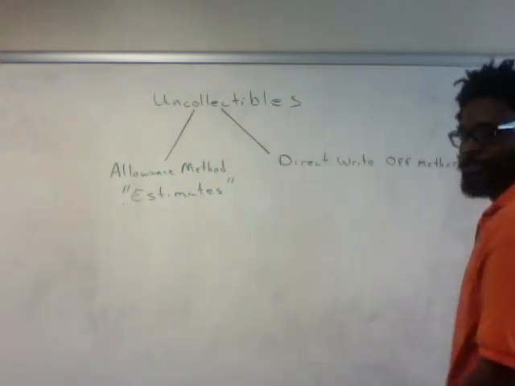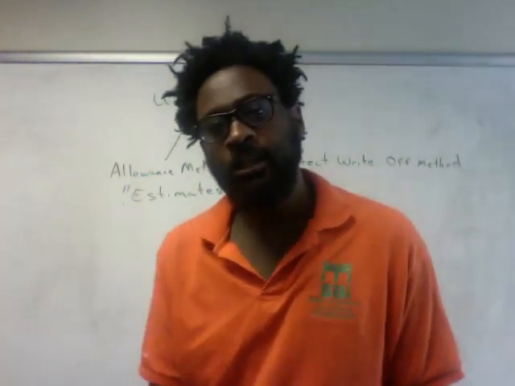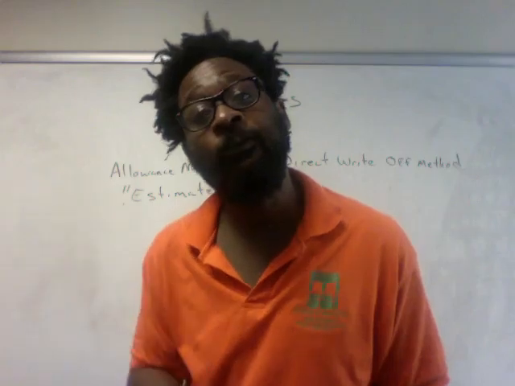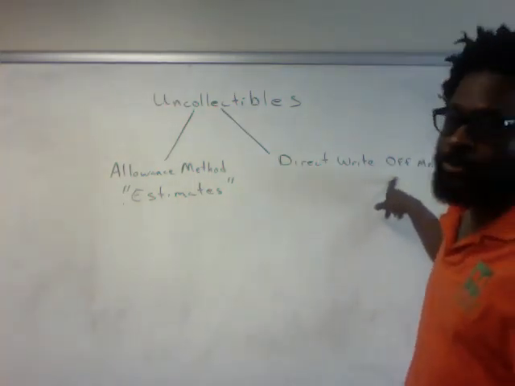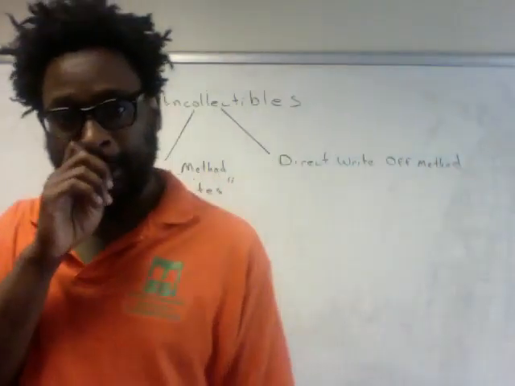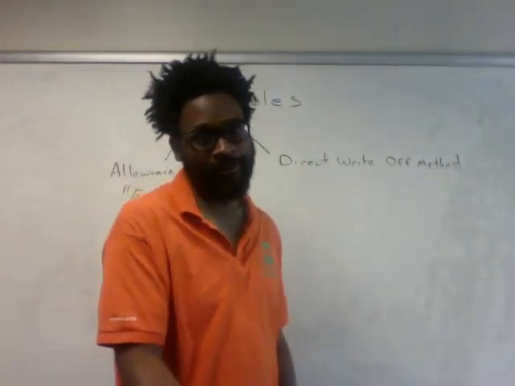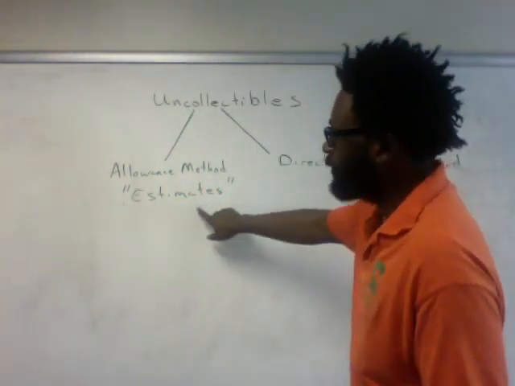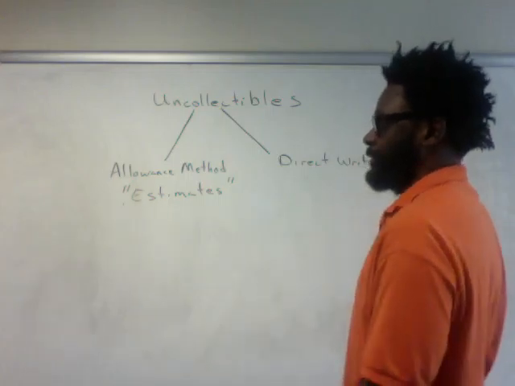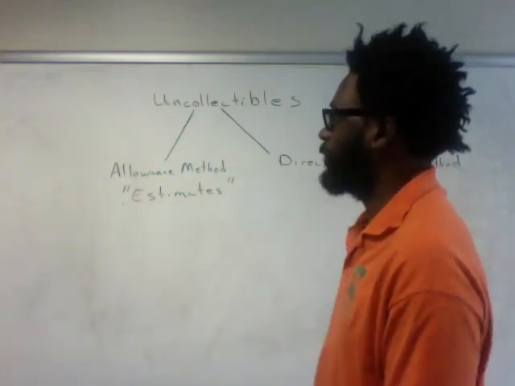Directly write it off. So one, you kind of plan ahead and you account for it accordingly by estimating. But two, on the other end, you just wait, and then you make the actual write-off of the account. Okay? So we're going to deal with this allowance method for right now, then we'll move to the direct write-off.